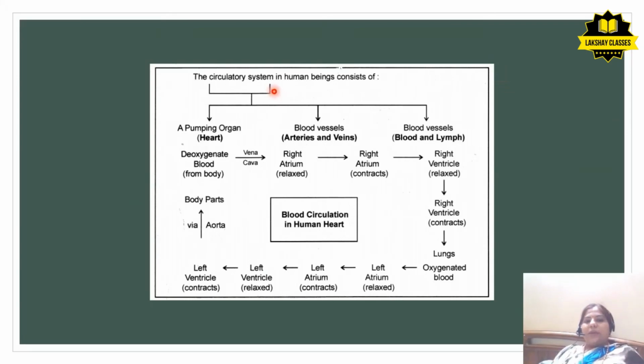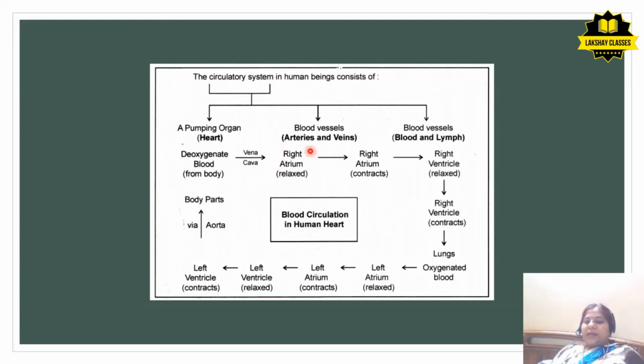In human beings, in this circulatory system, we have three components: heart, blood vessels, and blood. So what happens during the circulation of the blood in the human heart?